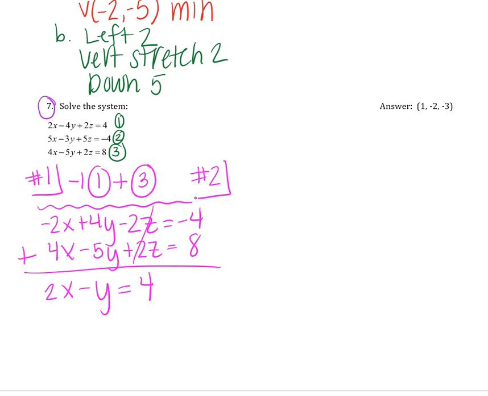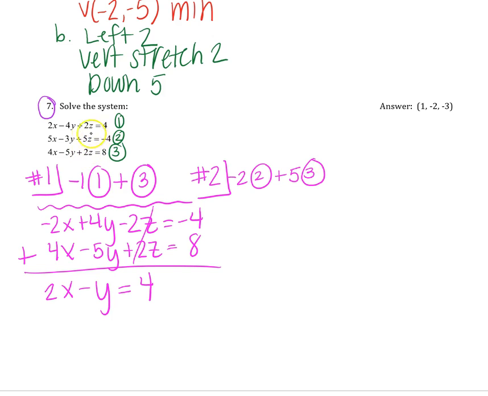Okay, so looking again, I could multiply equation 2 by 2. And I could multiply, actually I'll say -2. And then I could multiply equation 3 by 5.